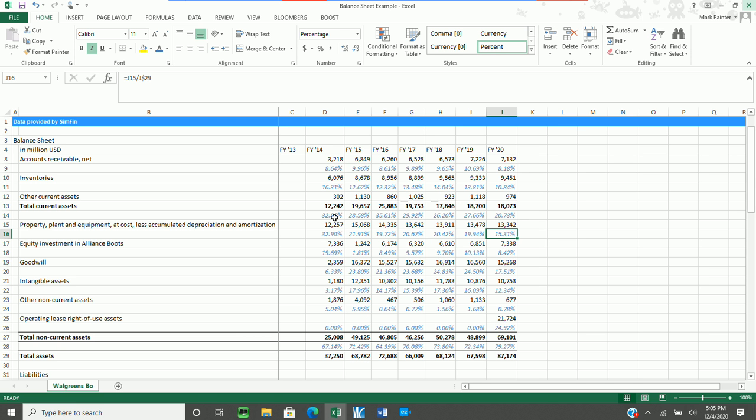What's interesting, and again, I'm probably going to jump ahead here, but property, plant, and equipment dropped down to 15%, and you can see in 2020 there was 25% in operating leases. So you probably can figure out, and again, you have to go and confirm with the company, but my guess is something happened where they probably sold some buildings and then leased them back.